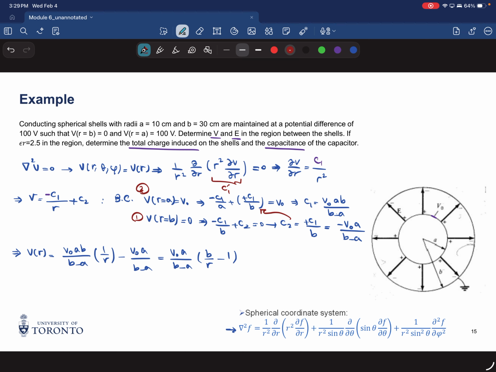Okay? The only thing would be this would have a negative, and because it is negative, it's going to be positive. And then this would have a negative as well. Plus.